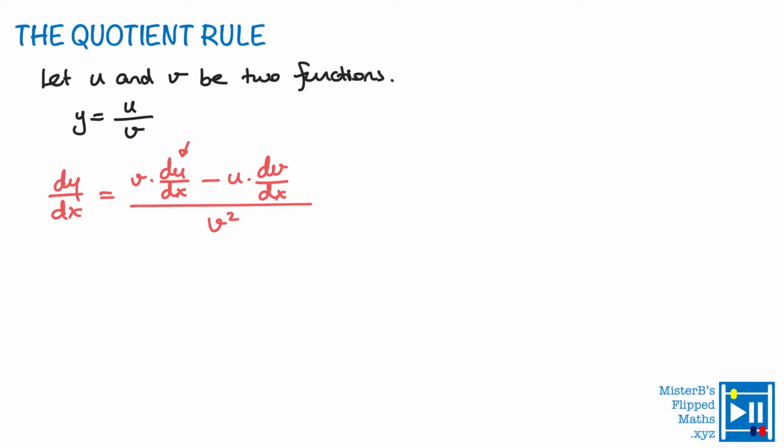Or if you'd like a short version without the dx's, you can write this as dy equals v du minus u dv over v squared.